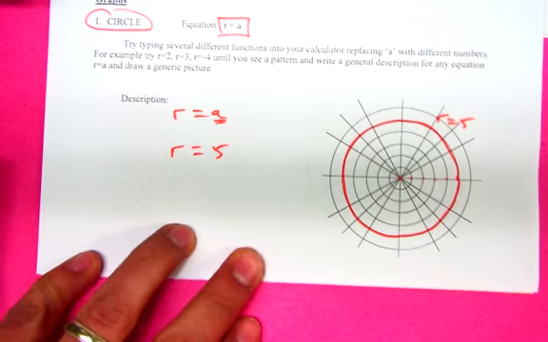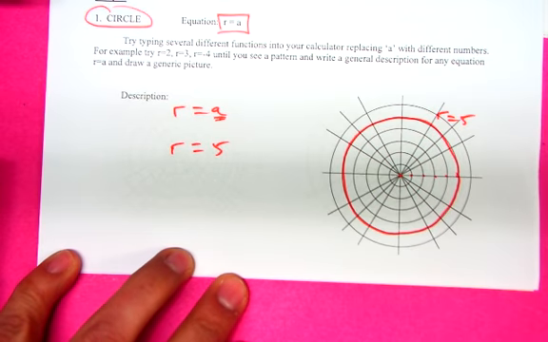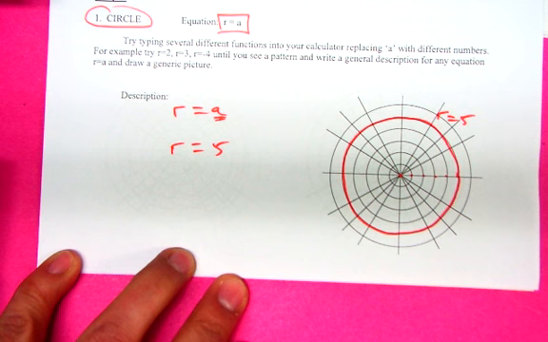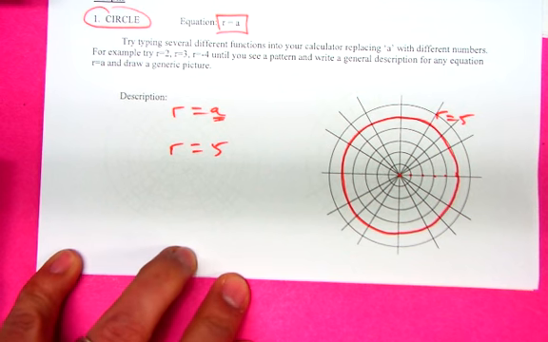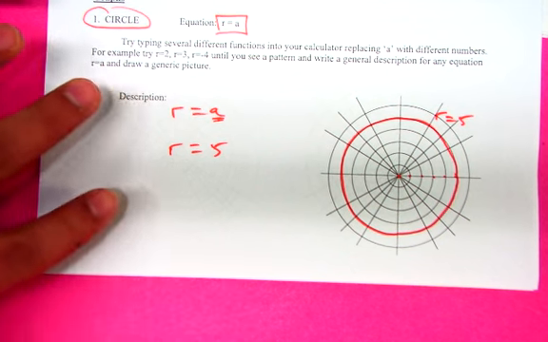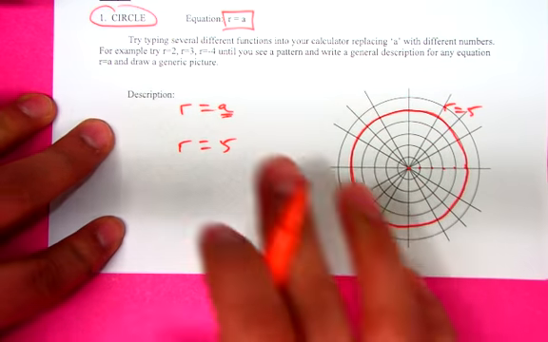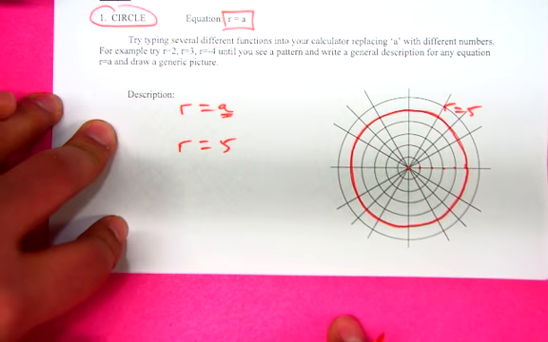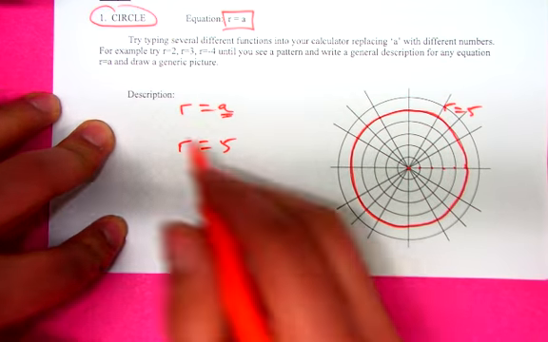Yes? Is there anything with like shifting it like left and right or upside down? Eventually, but we're getting there. Yep. Are there any questions on this type of equation? Why'd you mark R equals 5? I just did an example.